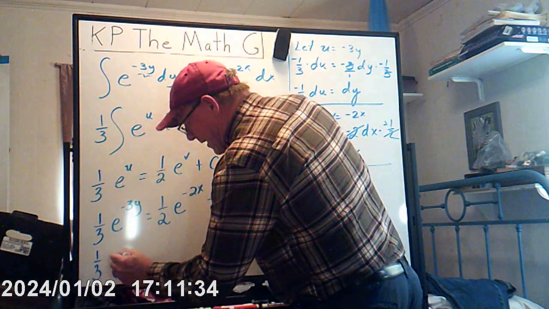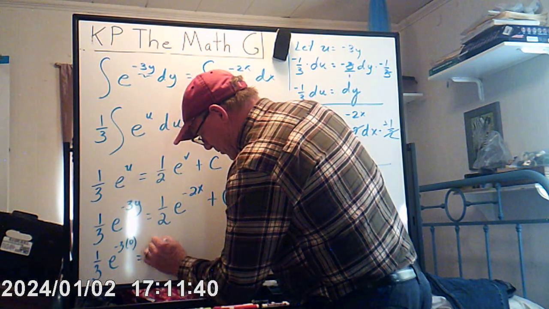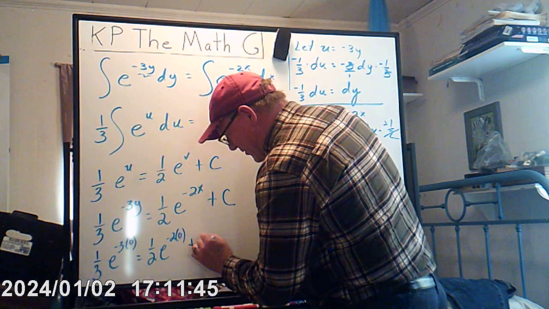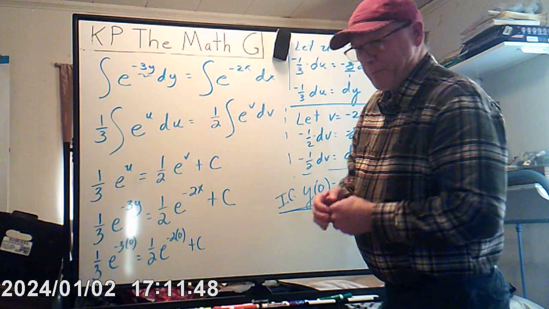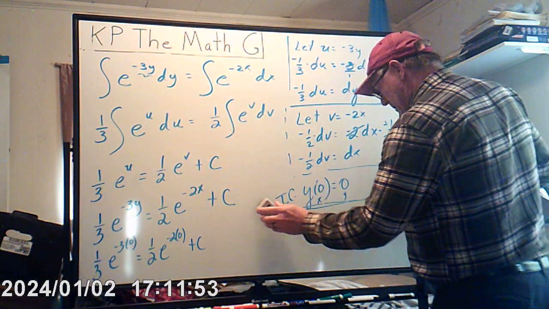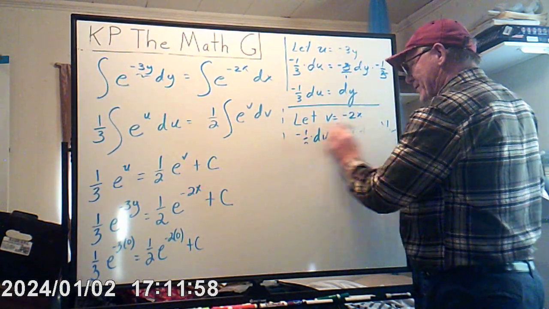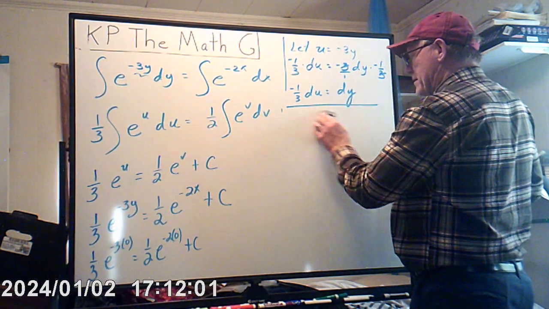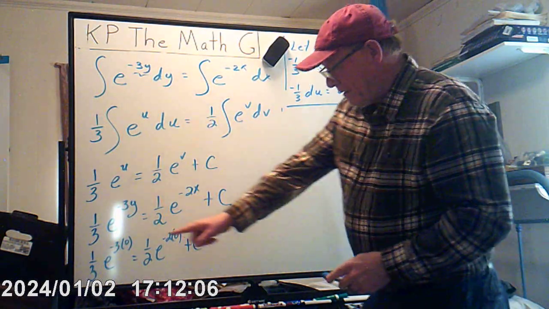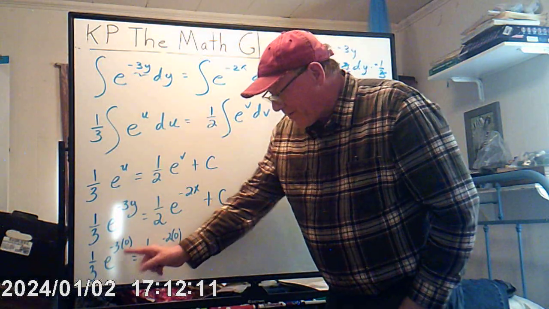We're going to find c. e to the negative 3 times 0 equals 1/2 e to the negative 2 times 0 plus c. You know what negative 3 times 0 is, don't you? And you know what e to the 0 is, don't you?